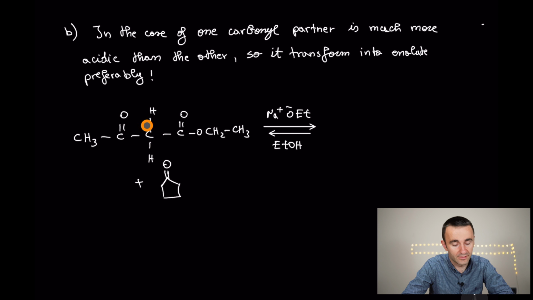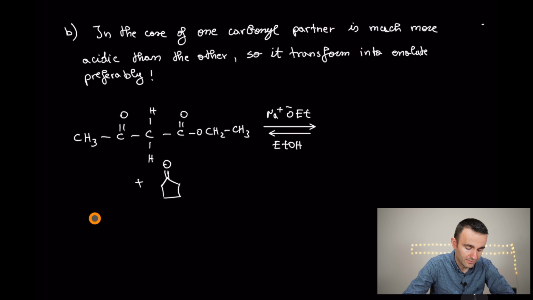Let's move further. Let's move now to the case where one carbonyl partner is much more acidic than the other, so it transforms into the enolate preferentially. So in this case, this one is going to transform more easily into the enolate because those two hydrogens, as we mentioned in alpha carbonyl substitution, are more acidic, right?